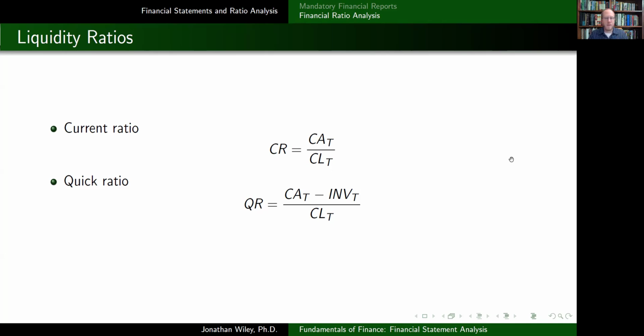And let's talk about the quick ratio for a moment, then I'll make a broader point. For the quick ratio, the idea was we're going to take the current assets and subtract out the inventory. The logic behind this is that inventory is probably one of the least liquid current assets the company has, because for the inventory, they have to convince somebody to buy it before they can liquidate.